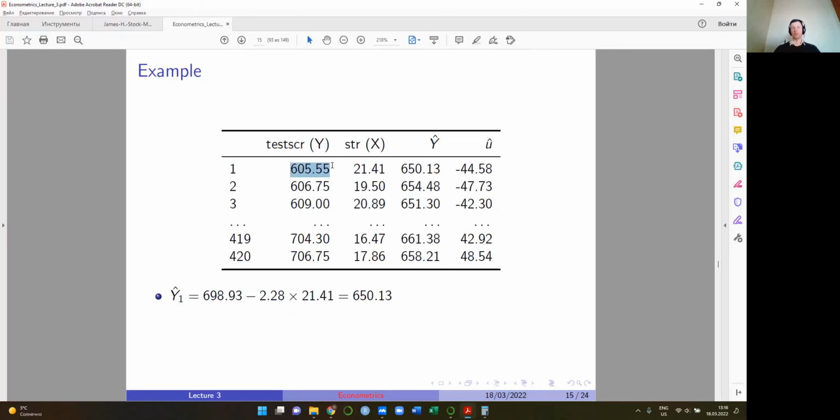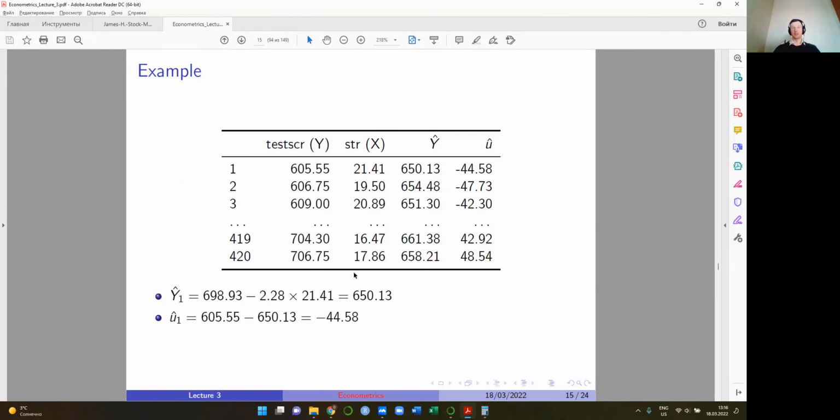Look, this is the observed test score, 605.55. This is the predicted value, 650. As I said, the predicted value belongs to the line. The actual value is somewhere in that cloud of points. Now we calculate the residual.